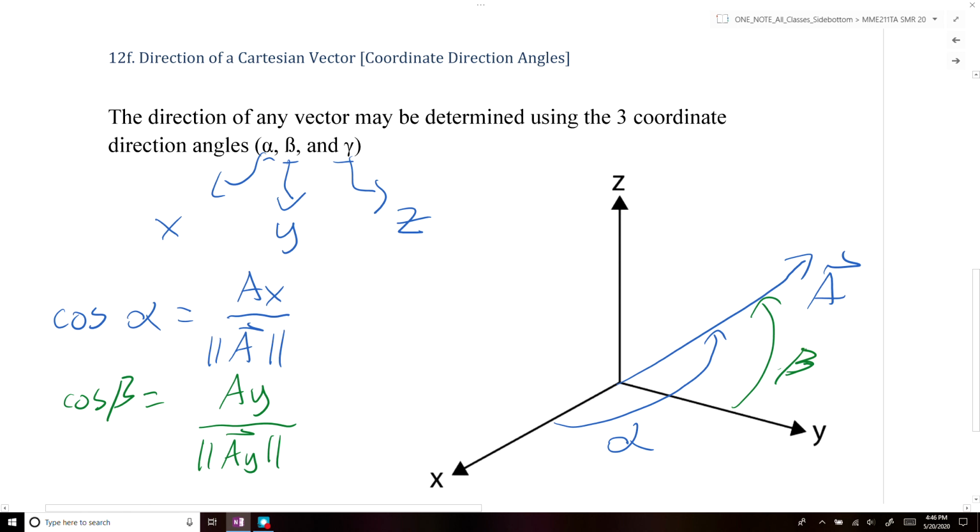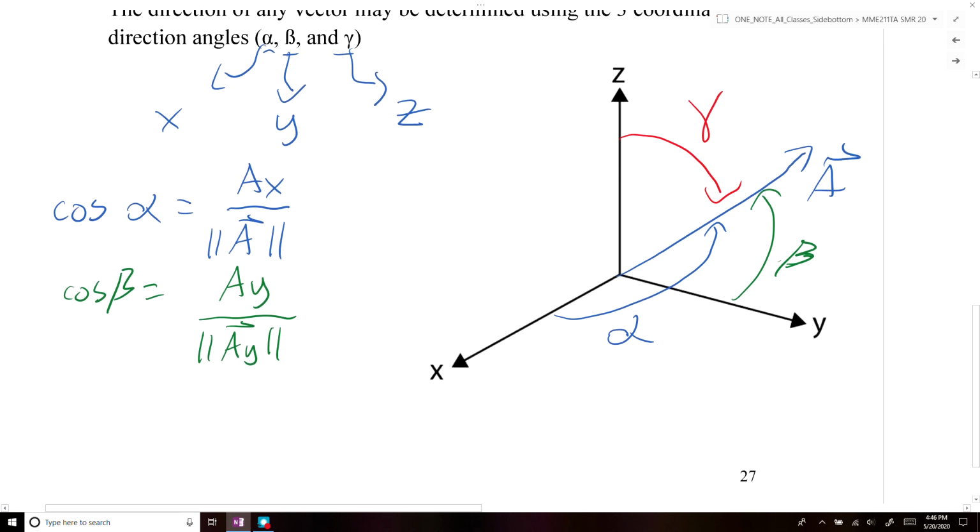And then our last coordinate direction angle will be gamma, which will relate the magnitude of A with the magnitude of A along the z-axis. So we can say that the cosine of gamma will be equal to A of z divided by the total magnitude of A. Okay, so those are our three coordinate direction angles.